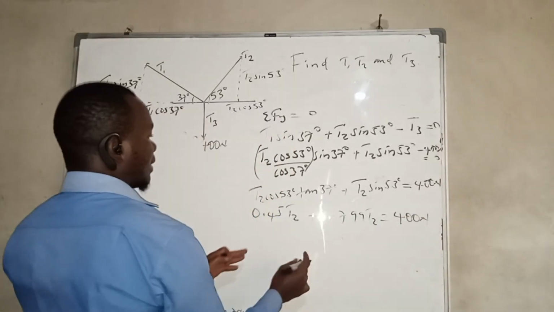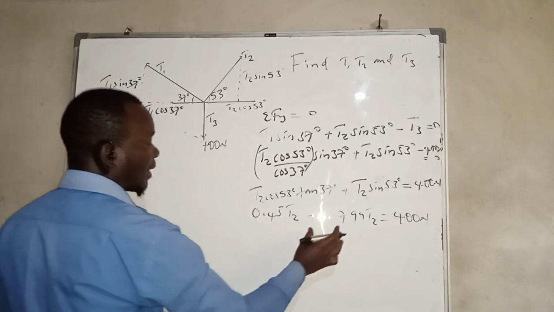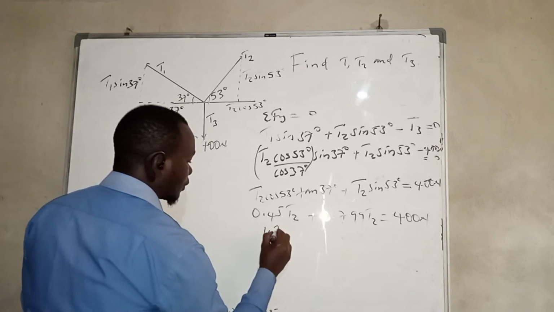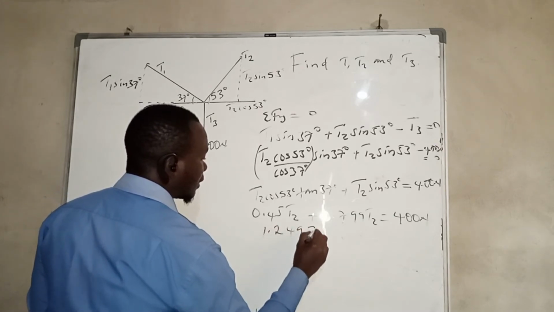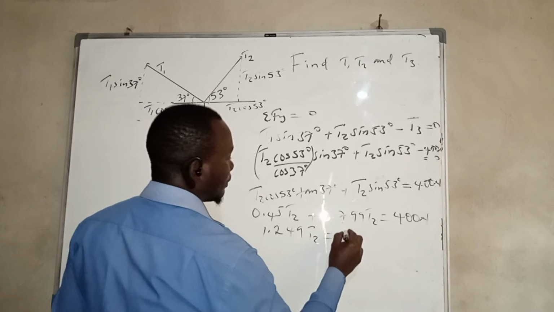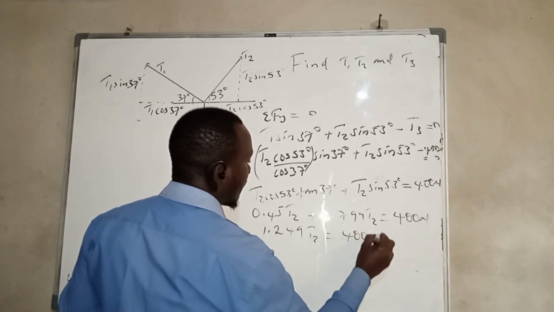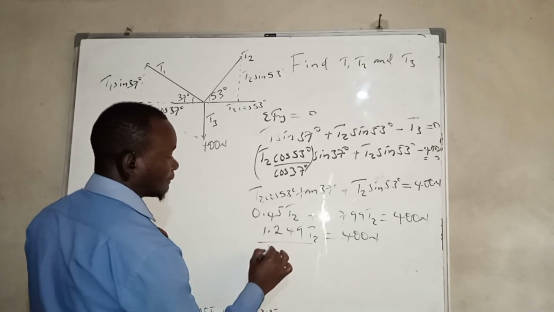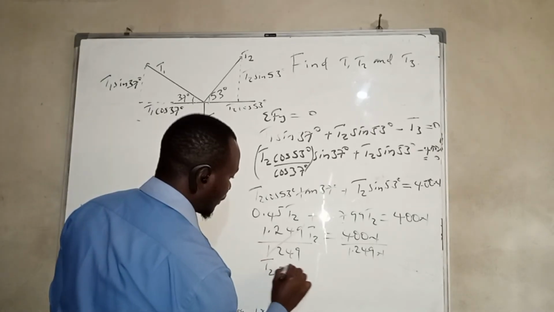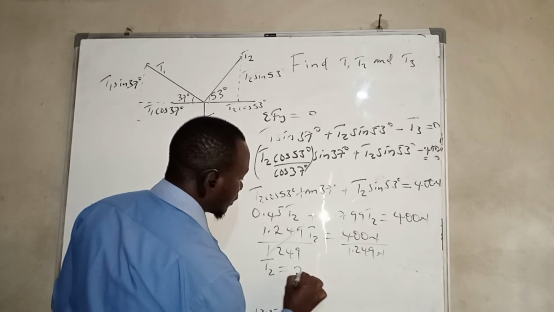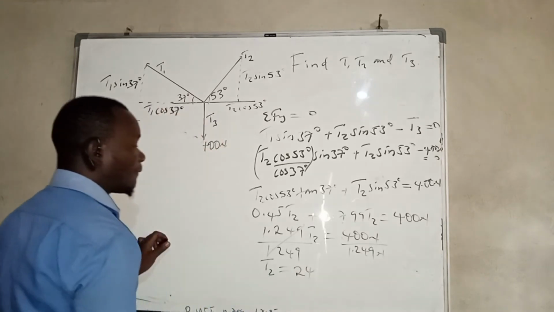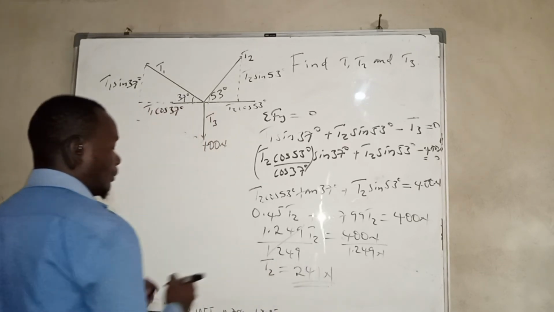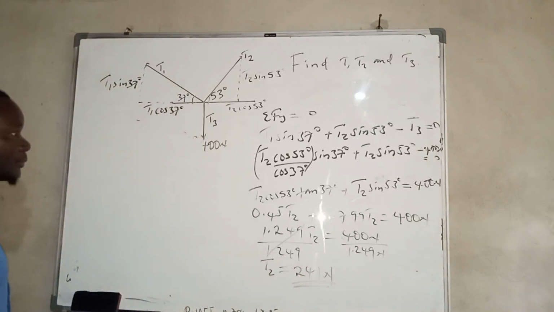When we add 0.45 plus 0.799, we get 1.249 T2, which will be equal to 400 newtons. Dividing through by 1.249, our T2 will be 241 after rounding off.